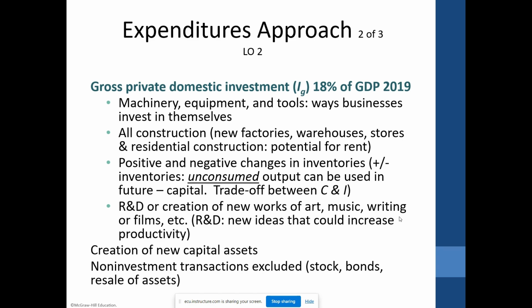Construction includes new factories, warehouses, and stores, as well as residential construction because homes could be rented to produce income. Changes in inventories can be positive or negative. It represents the difference between production and sales during a period. This category includes additions and withdrawals of physical inventories owned by private businesses.